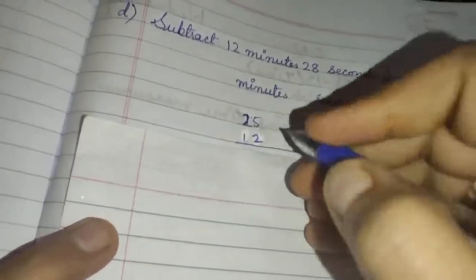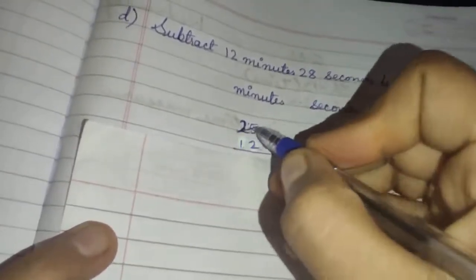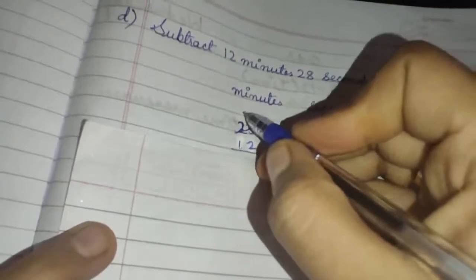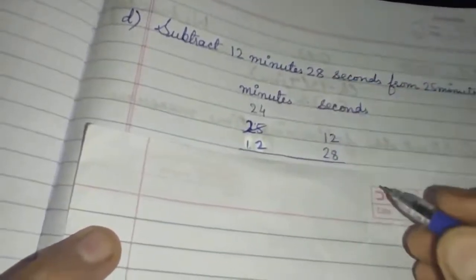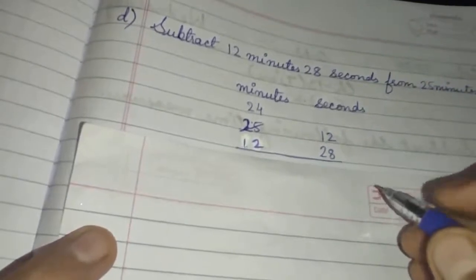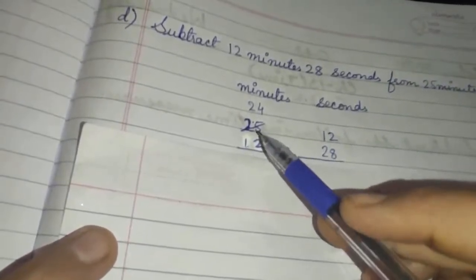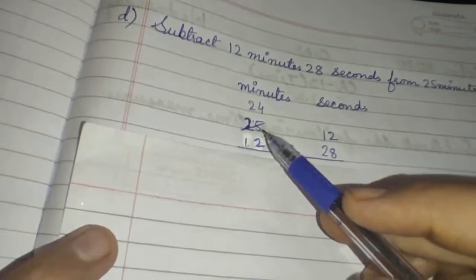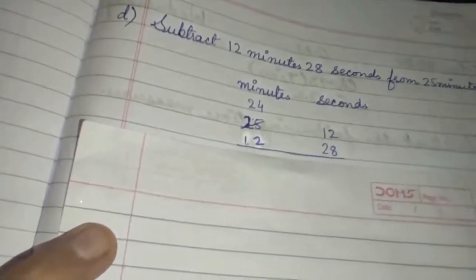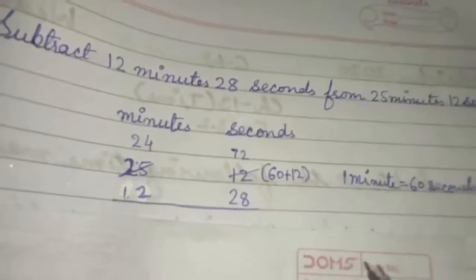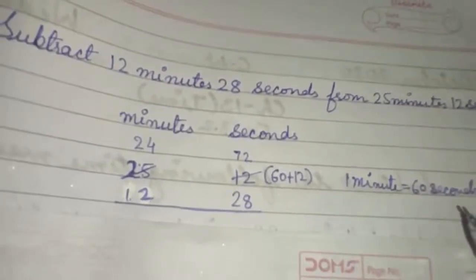So these 25 minutes will become 24 minutes, as you have borrowed 1 minute from these 25 minutes. Now you know that 1 minute is equal to 60 seconds.